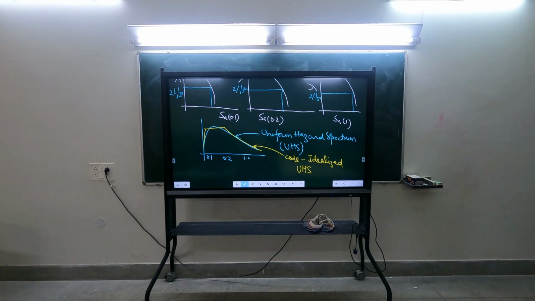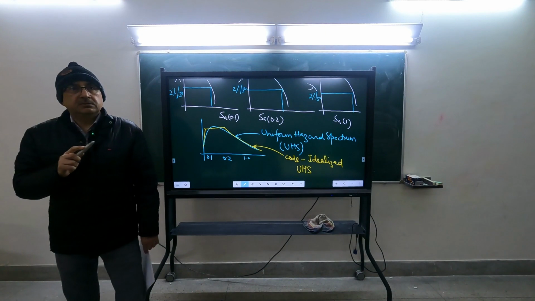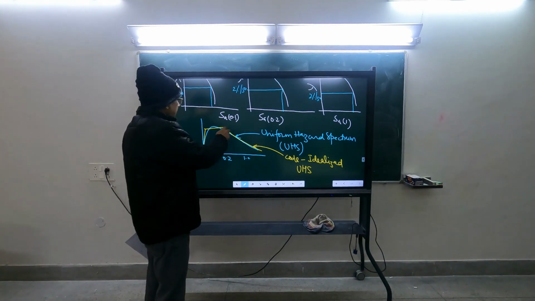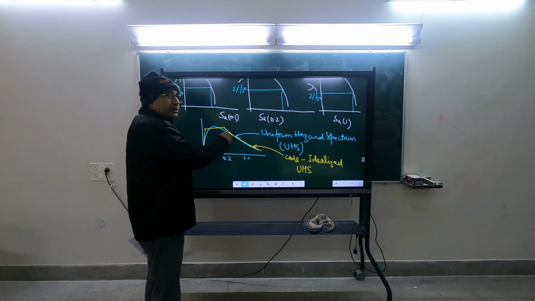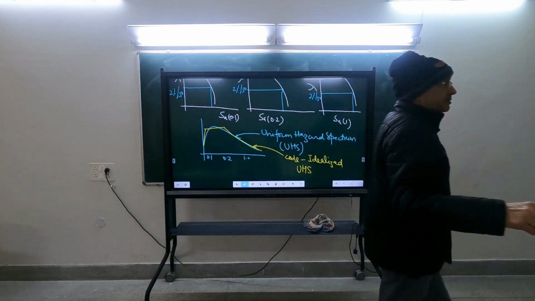And you can see that the uniform hazard spectrum is not caused by a single earthquake. It is considering the peak value at each period, the value corresponding to a given probability, and that may be caused by different earthquakes.